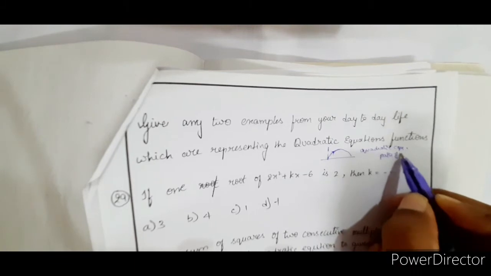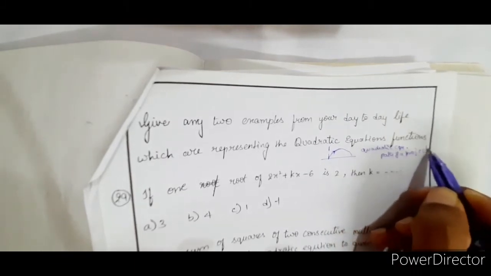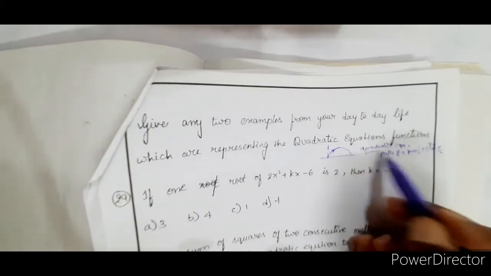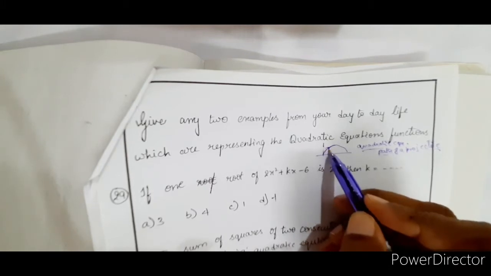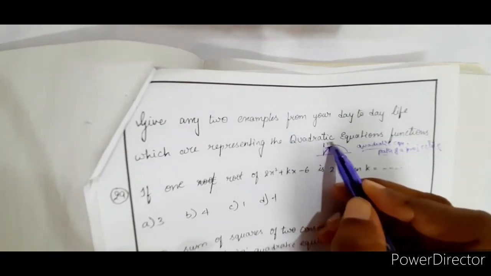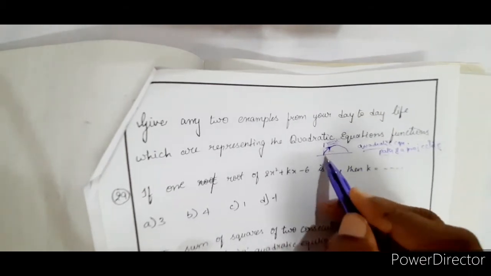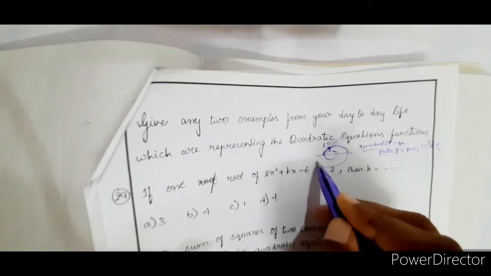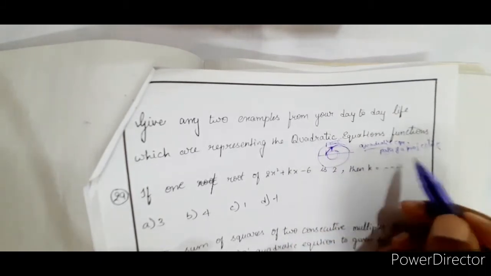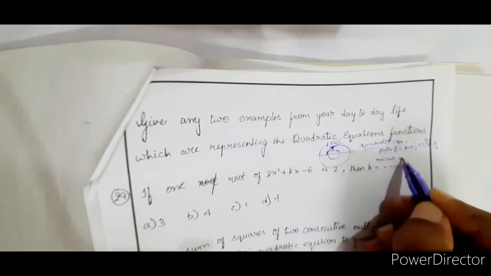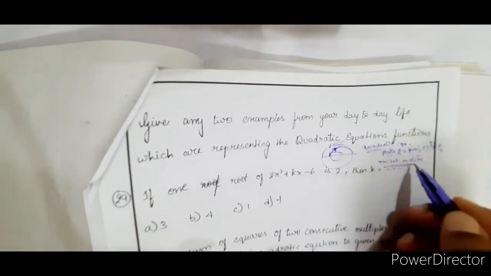Path of a projectile, as well as, the best example for this one is when you are projecting a rocket. So when a rocket is fired, at that time also this goes, and then suppose it to be earth, then it goes and it fits into an orbit. So that is also rocket motion. It is also an example for quadratic equation.